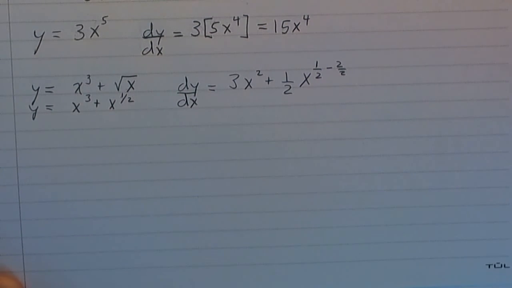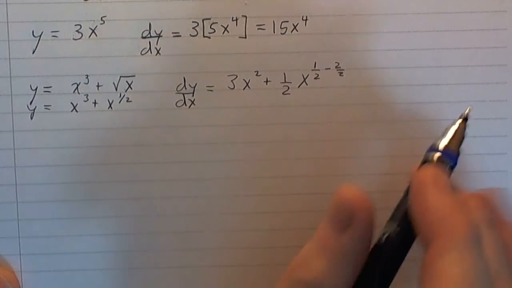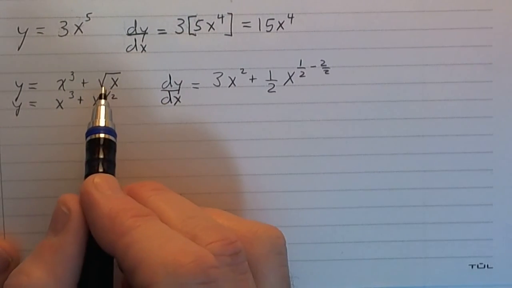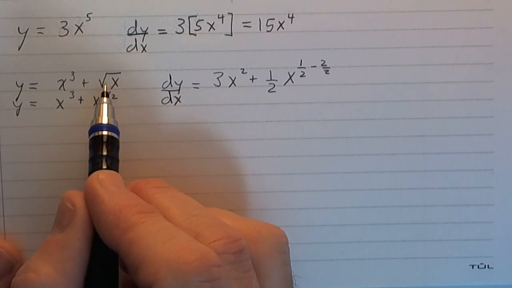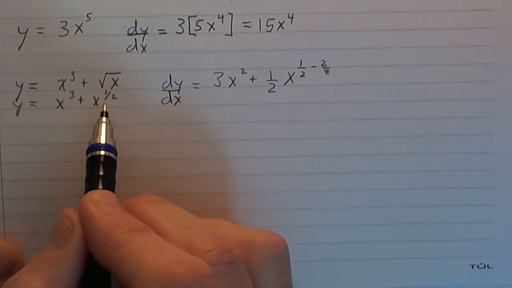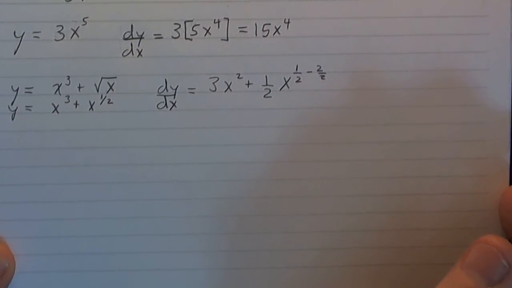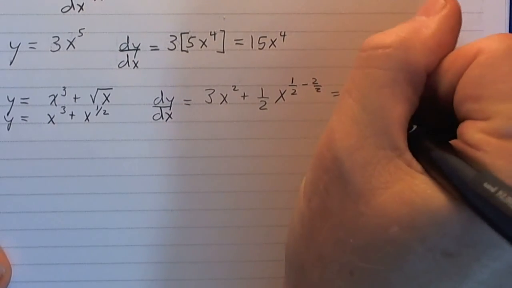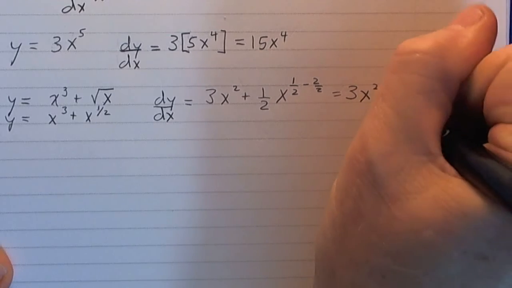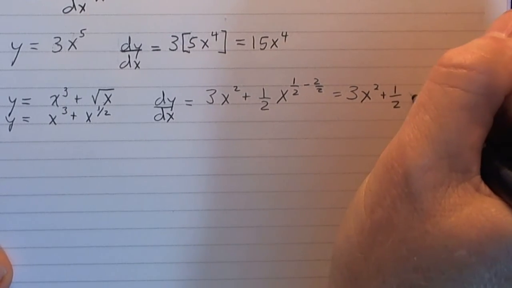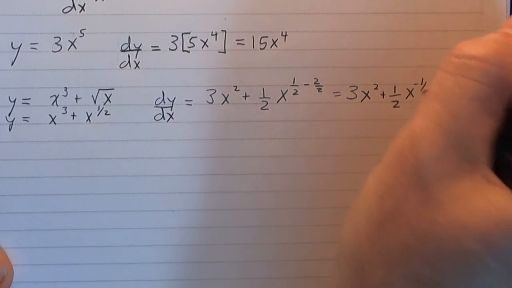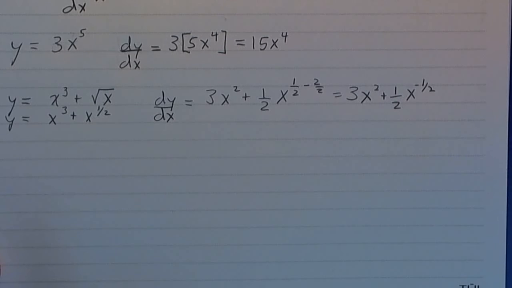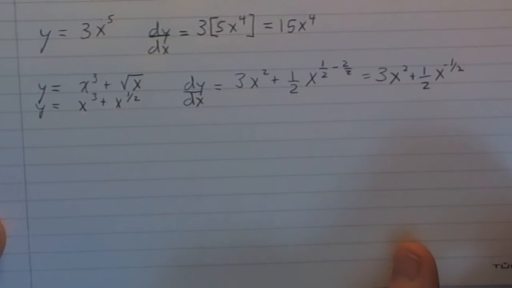See, there. So that's the key here. So whenever you see a radical like that, first thing you do before you plunge in and start differentiating is convert it to the fractional form. So now we have this. We have 3x squared plus 1/2 x to the negative 1/2. And I'll just leave it like that. Okay? But that's the way we can do it.